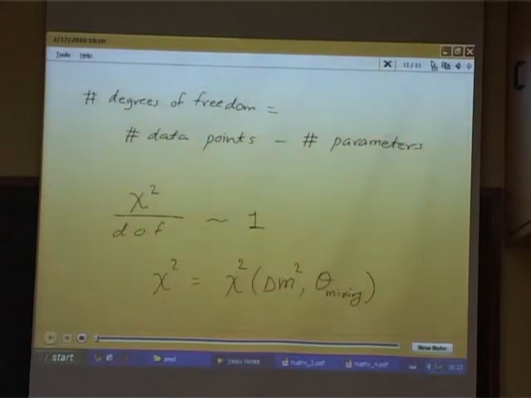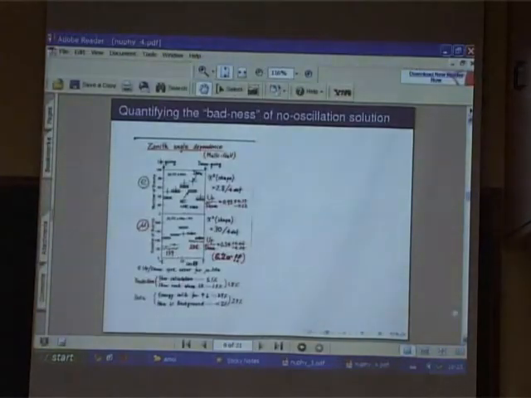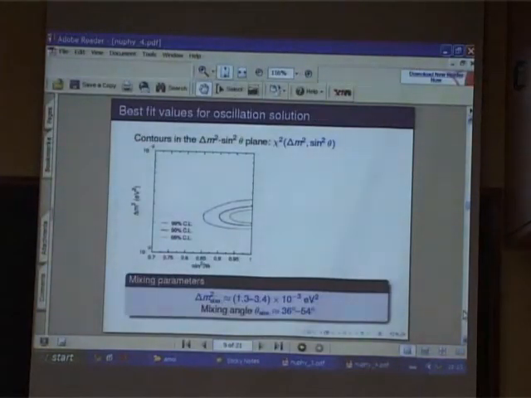Normally, what you do is take the whole range of theta. It's a range of sin square 2 theta, because in the oscillation formula we get sin square 2 theta. You go to a relevant range of delta m square, and then you find out at which point your chi-square is minimum.